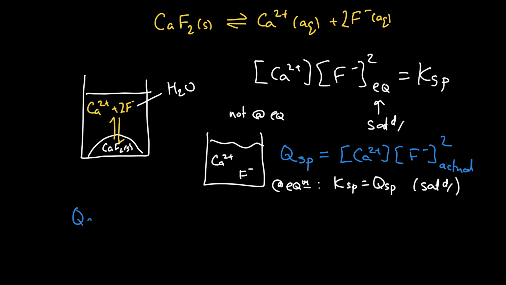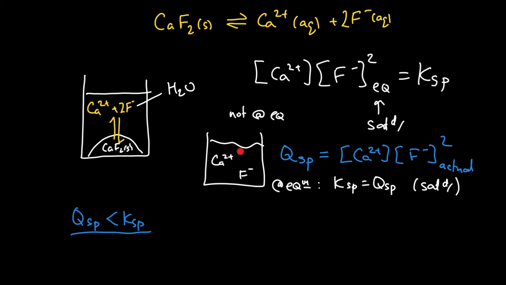So maybe Q comes out to be less than K. What does this mean? Well, Q is the concentration of the ions multiplied together at this point in time. And if it's less than K, it's not at equilibrium. To reach equilibrium, these ions would have to increase in concentration. How are those ions going to increase in concentration?